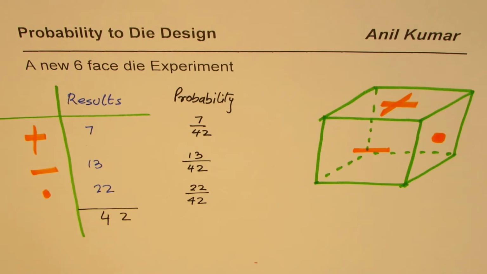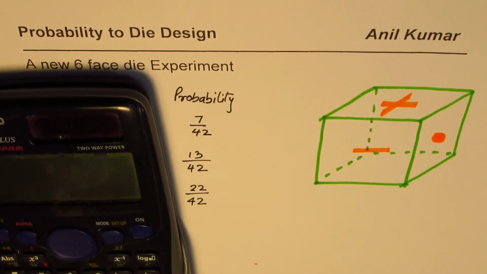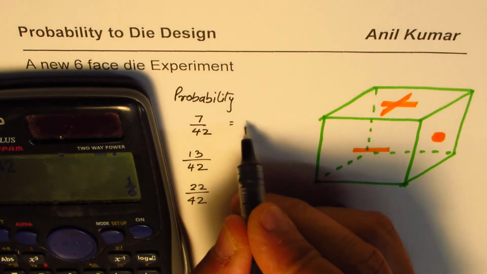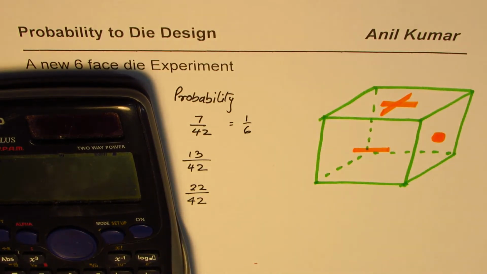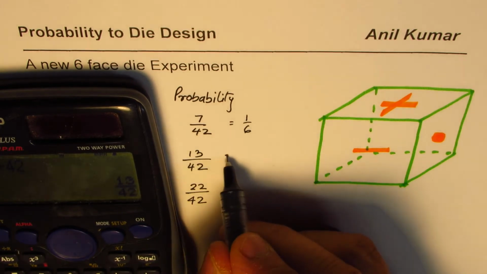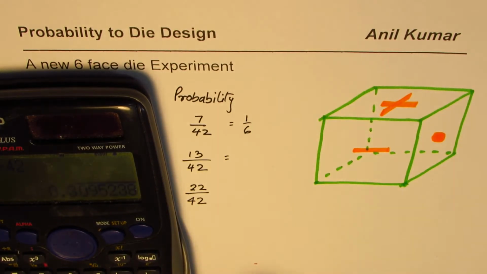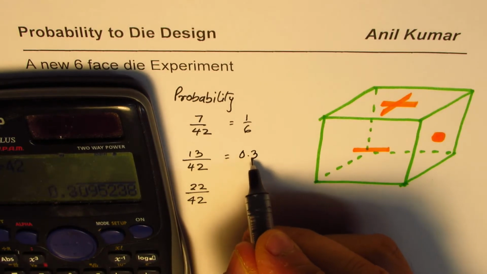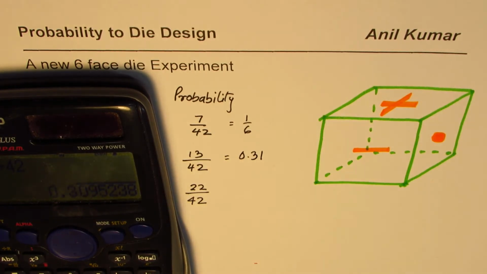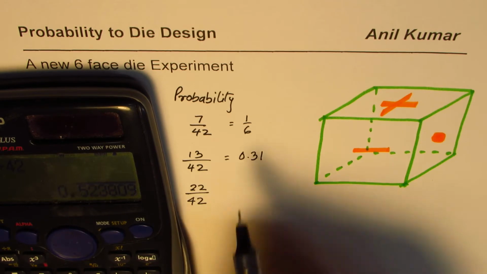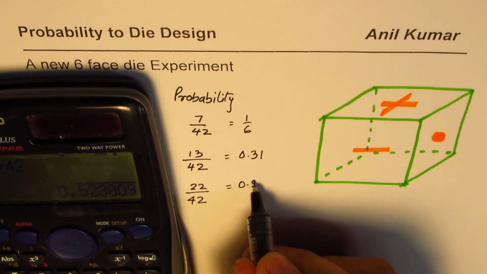So let's calculate their values. 7 divided by 42 is equal to 1 over 6. 13 divided by 42 is equal to 13 over 42, let me write it in decimals, 0.31. And 22 divided by 42 is equal to 11 over 21, or in decimals, around 0.52.